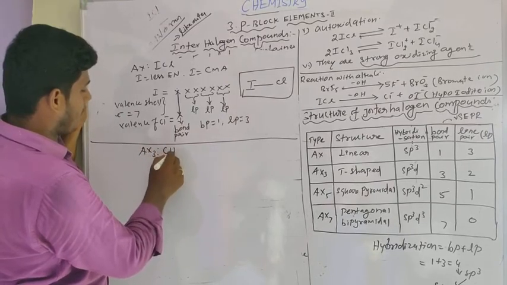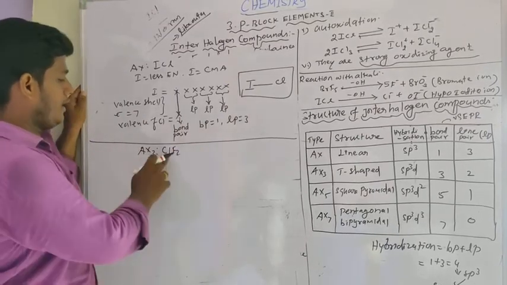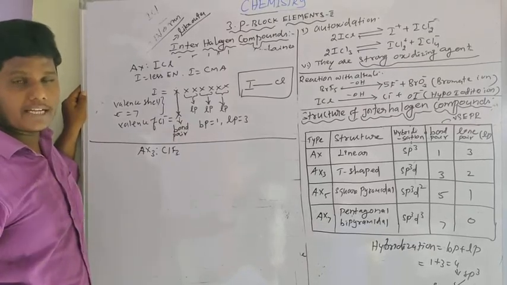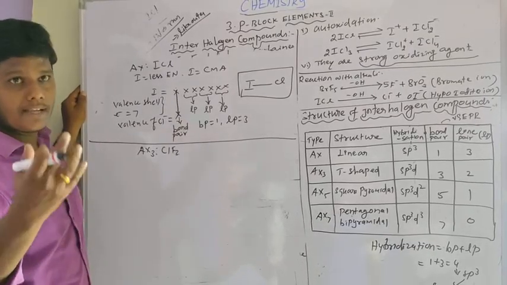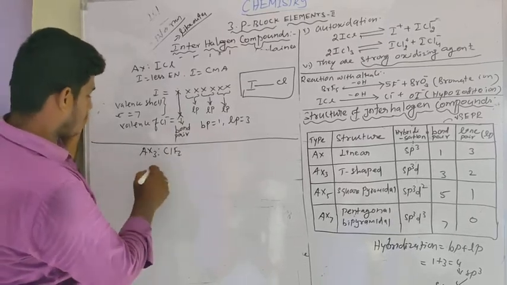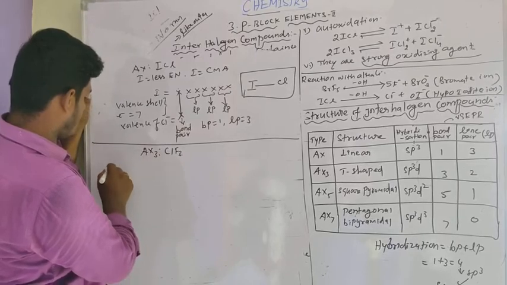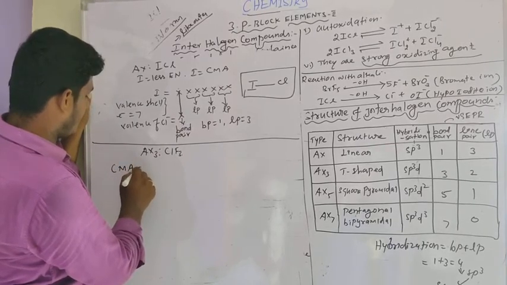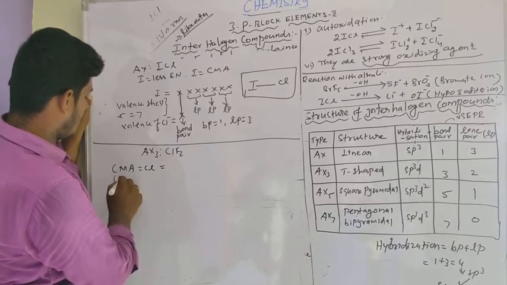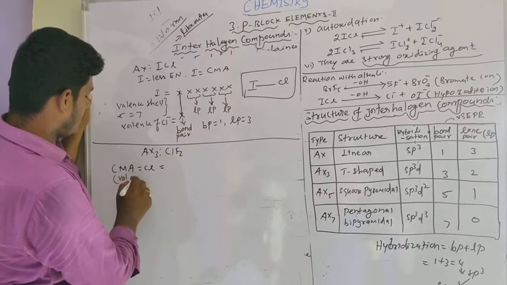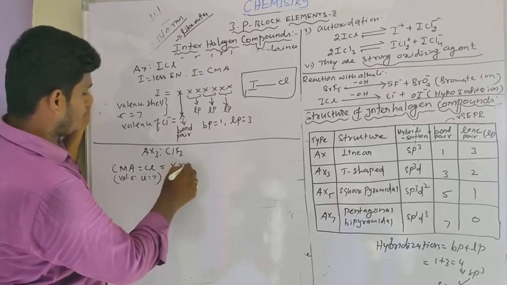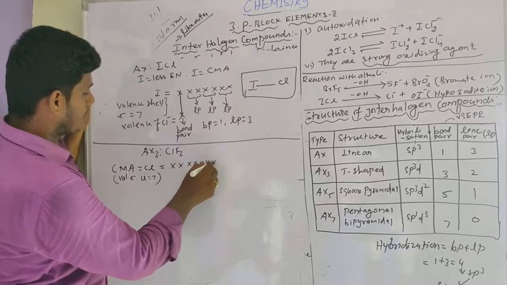AX3 type. Example ClF3. Here chlorine and fluorine. Chlorine has low electronegativity and bigger size, so the bigger atom acts as the central atom. The central metal atom is chlorine. Valence electrons for chlorine equal 7: 1, 2, 3, 4, 5, 6, 7.